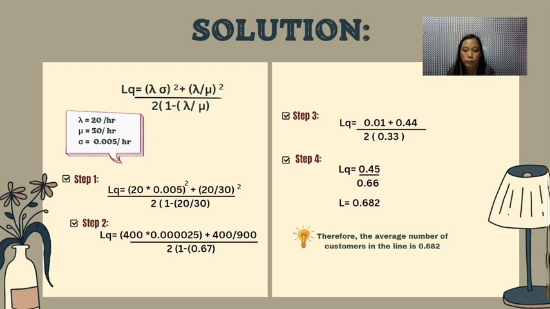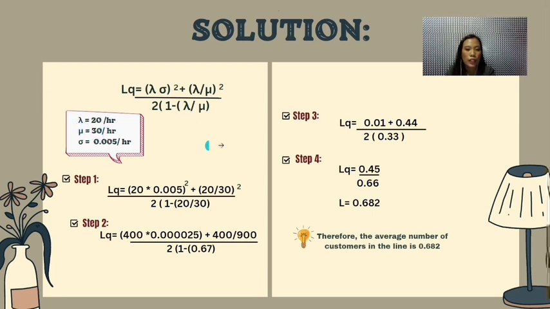First, we can use this formula: Lq is equal to lambda sigma squared plus lambda over mu squared, divided by 2 times 1 minus lambda over mu. First, we need to identify the variables in the problem. The three most important variables we need to find in the given problem are lambda, mu, and the variance.